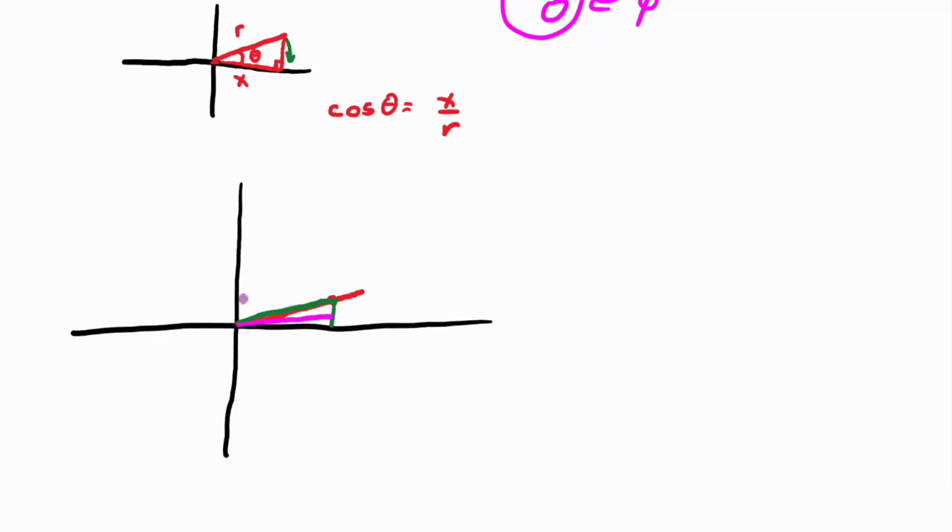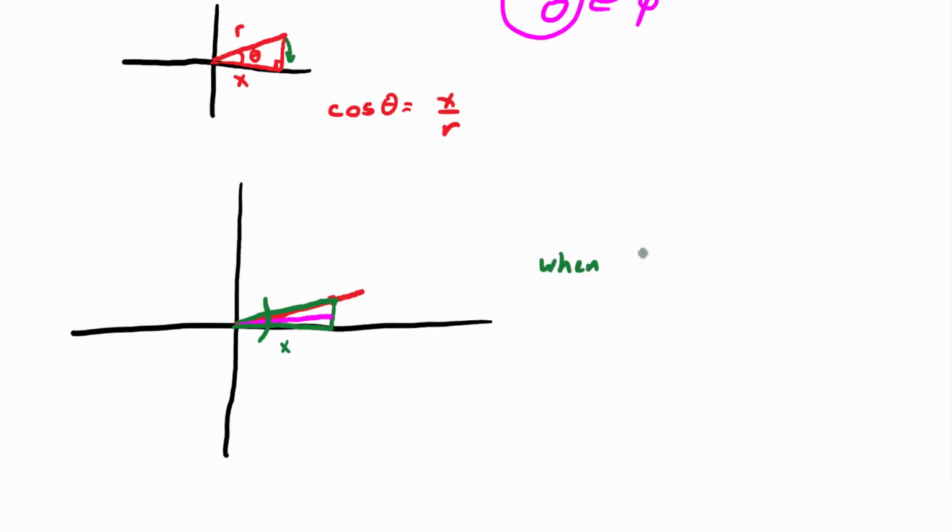Do you see that it's easier to think of in terms of x? When you compare the terminal side in green to the terminal side in purple, the terminal side in purple is closer to having length x, isn't it? And in fact, when this angle goes to 0, x and r are the same. That's the argument.